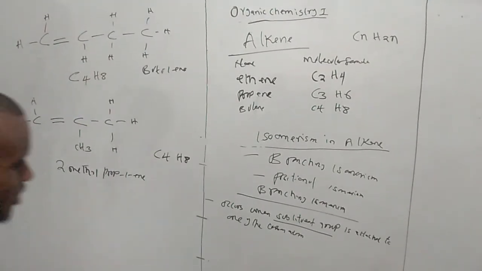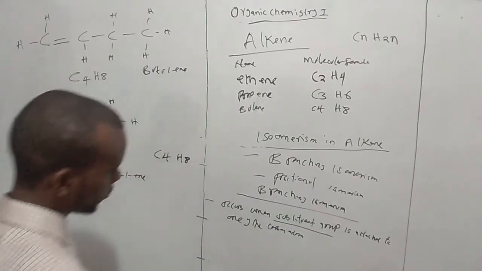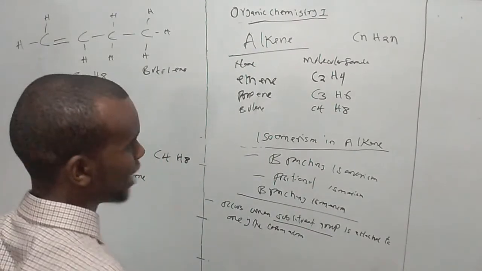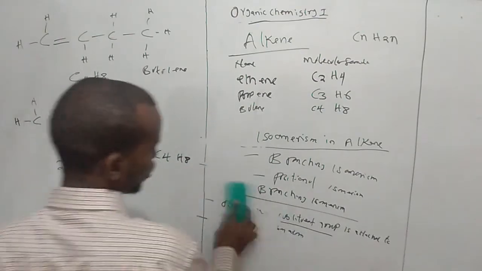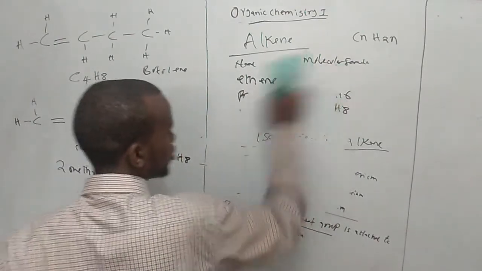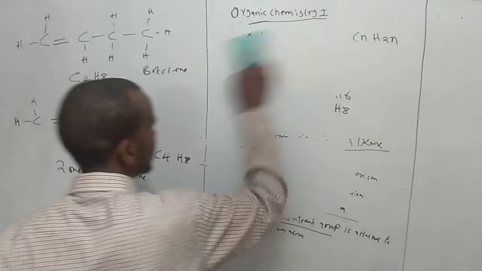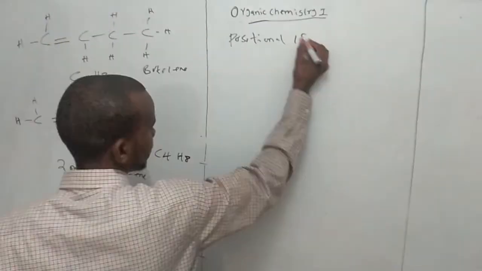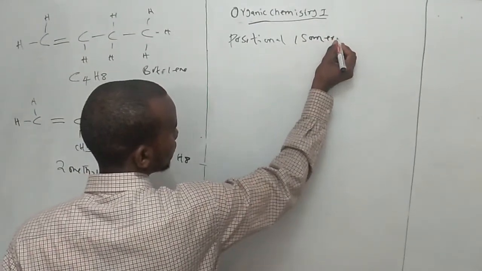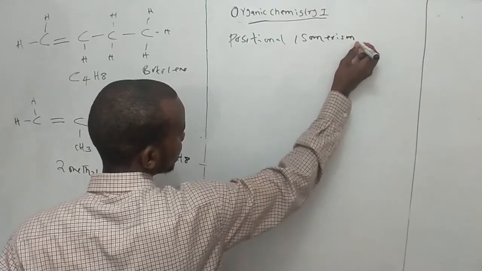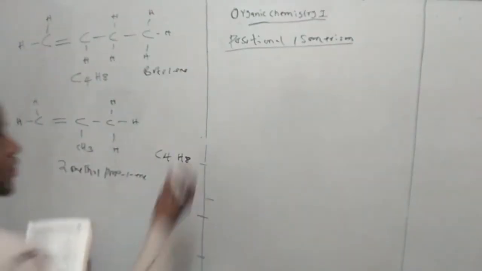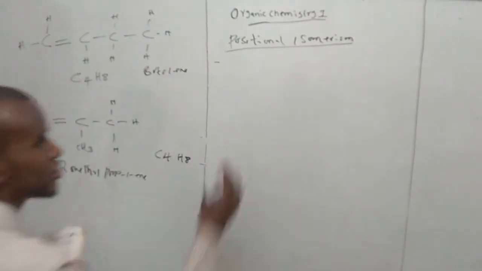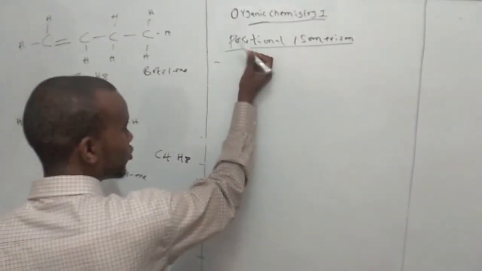Having looked at branching isomerism, we want to look at the next isomerism, which is positional isomerism. This word comes from the word position.